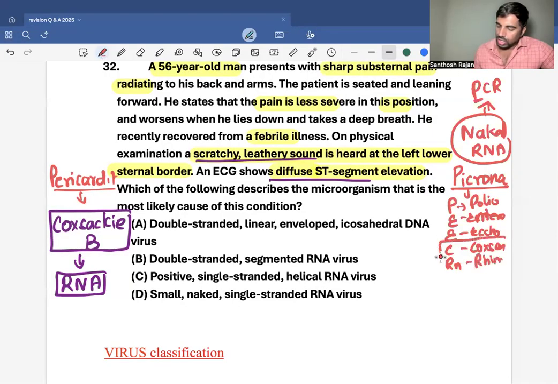So Coxsackie comes here. It is a naked RNA virus. Got it? That's very important.